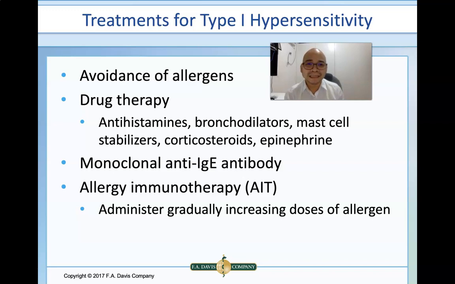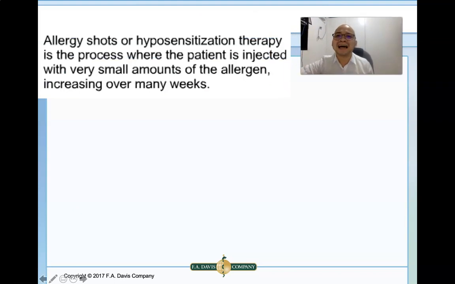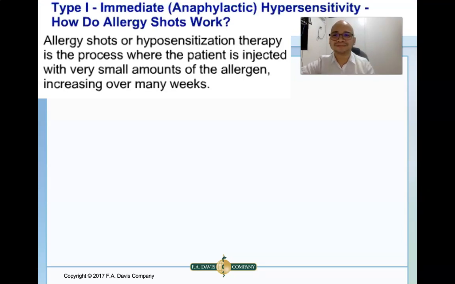And then allergen immunotherapy is also a possibility nowadays. It is done by administering gradually increasing doses of allergen. So we call it the allergy shot or the hyposensitization therapy. It is a process wherein the patient is injected with a very small amount of allergens, and each week you increase the concentration.